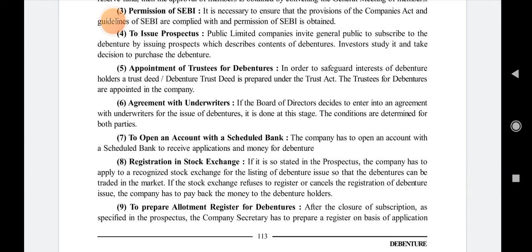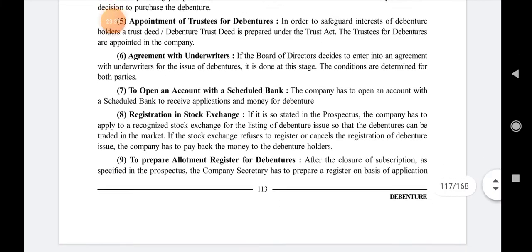One kind of agreement should be given for the betterment of the company, so that they will have a safeguard, for that they will take necessary underwriters for the issuance of the debentures. The conditions are determined for both the parties. Means the conditions of the agreement should be determined by both the parties, means company as well as the underwriters.